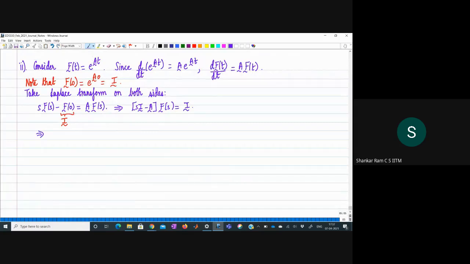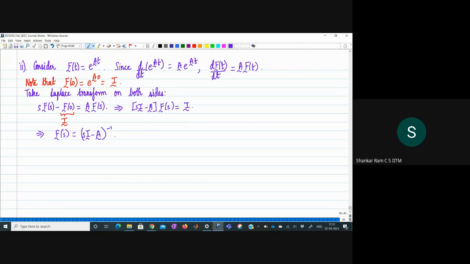Then we have that F of s will become (sI minus A) inverse, because (sI minus A) inverse times identity is going to be (sI minus A) inverse itself.